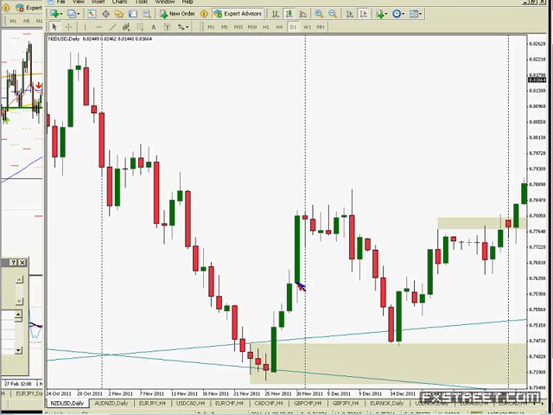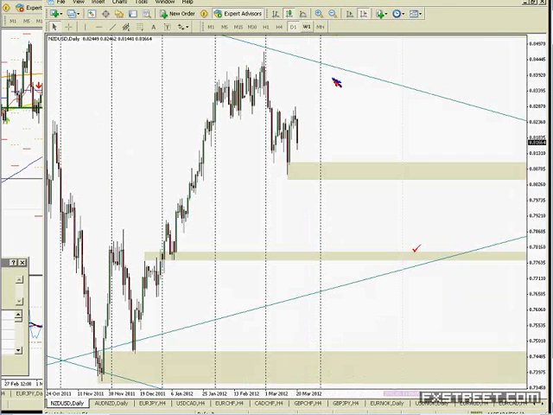Air pockets, yes, exactly. The same would be inside a candle. A candle, in fact, is just a representation. It's not the reality, which is the negotiation.